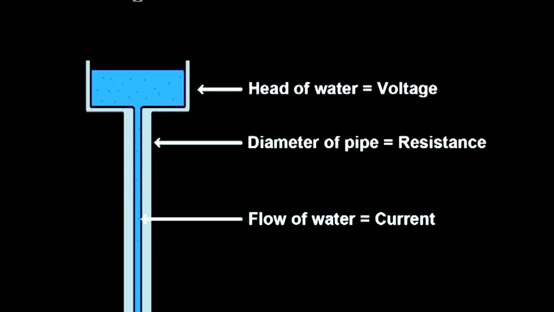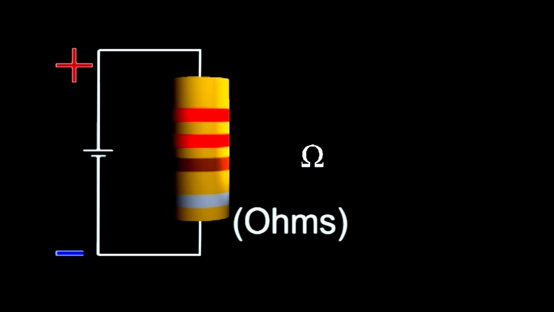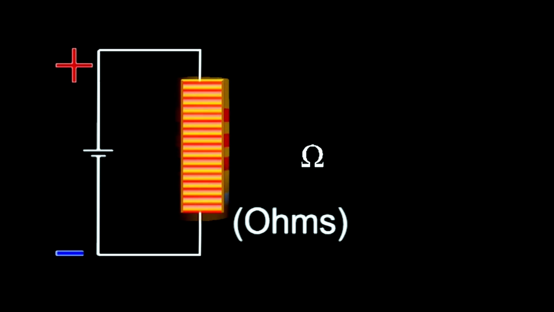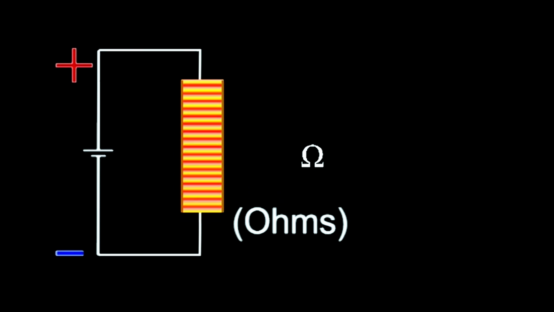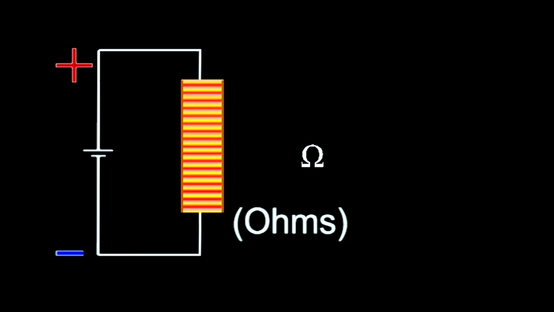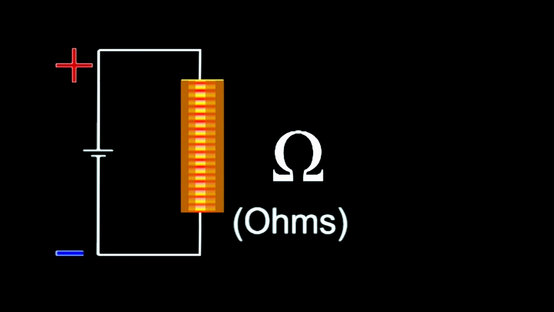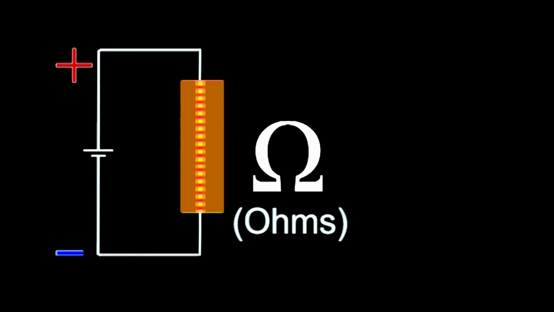If we widen out the pipe again, the current increases. Now resistance is measured in ohms. A 1 ohm resistor has very little resistance and lets most of the current flow through, whereas a 10 megohm, which is 10 million ohm resistor, lets hardly any current flow through at all.